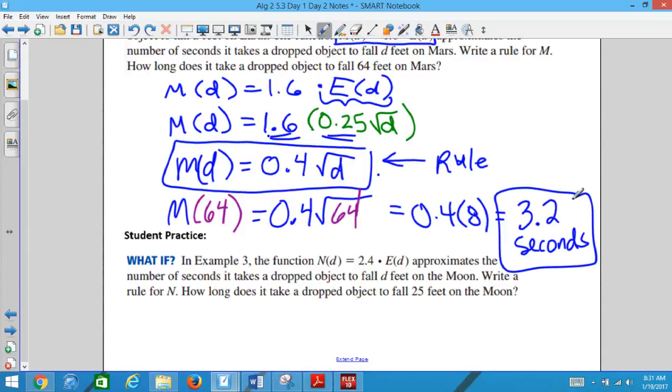Use example 3 to find your e of d, and you find the rule for the moon, and then plug it in and find how long it takes. So following the exact same steps, only it's not m, it is now n that you are using. Exact same steps.